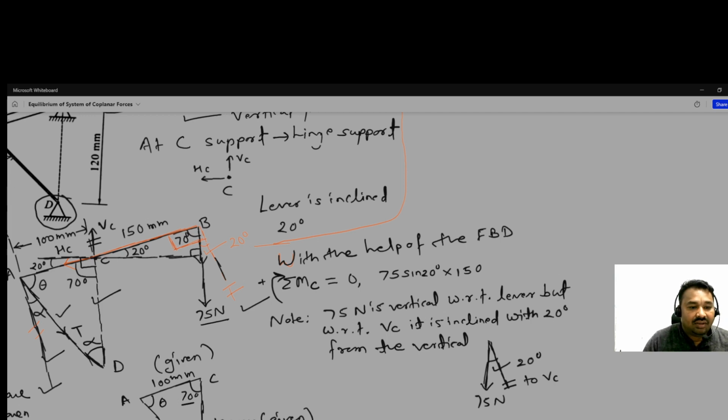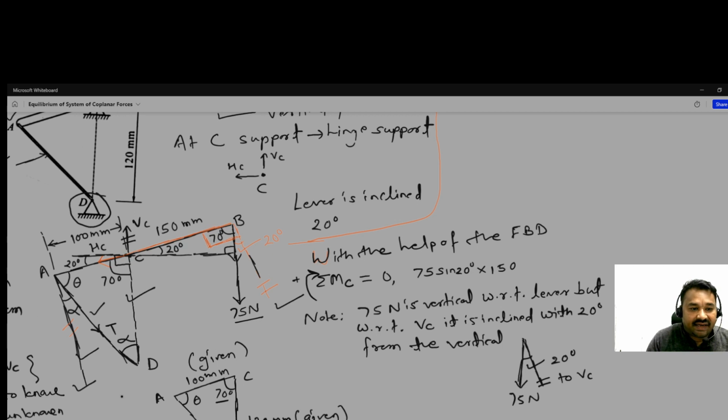And what about the next, if you see the tension T, it is anti-clockwise, that's why minus, and T is inclined with the vertical with alpha degree, that's why sine alpha, and alpha we know, and multiplied by the perpendicular distance, which is now from A to C. If you see the free body diagram, it is 100, and then it is equal to 0.